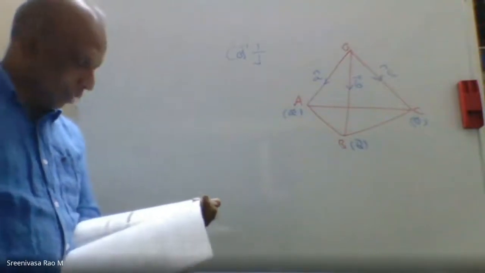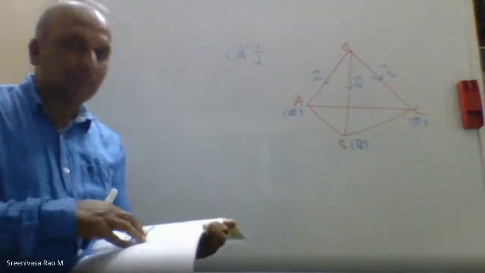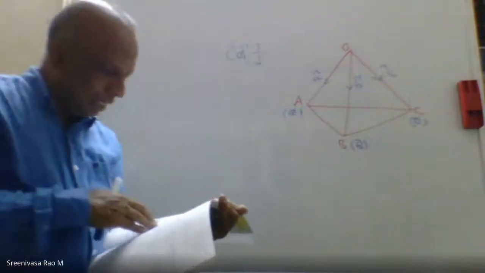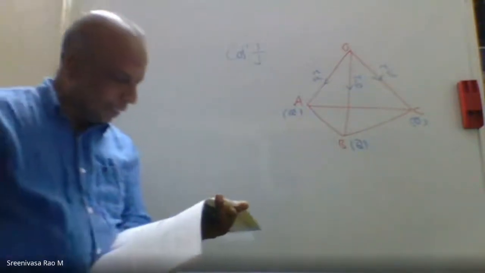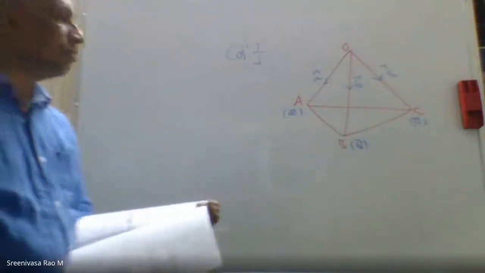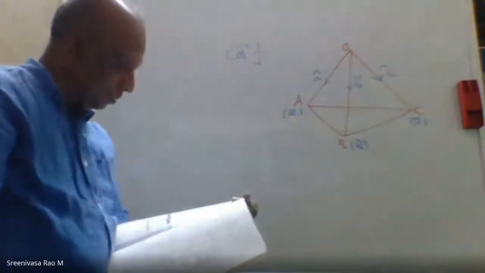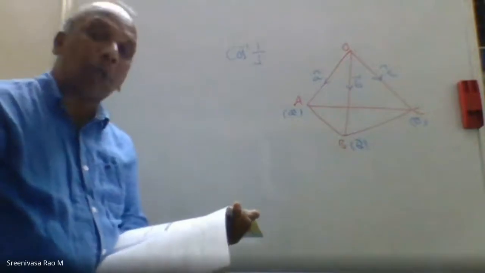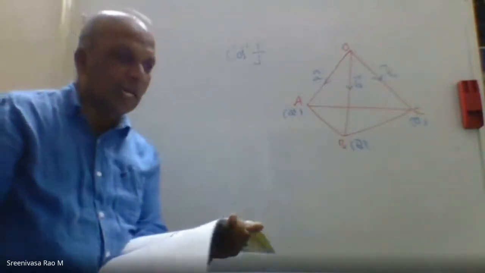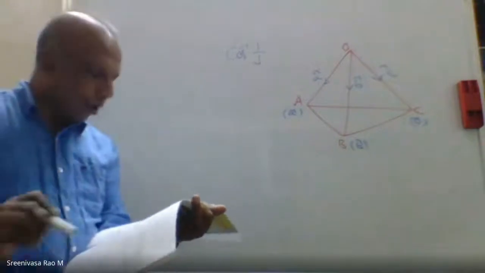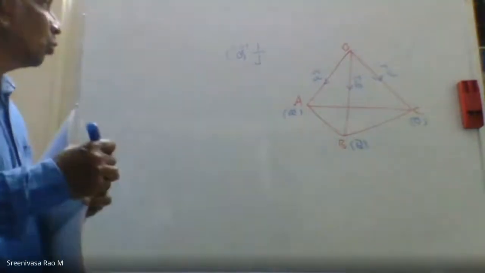That we should remember. Next point: the angle between any edge and a face not containing that edge, for a regular tetrahedron, is cos inverse root of 1 by 3.